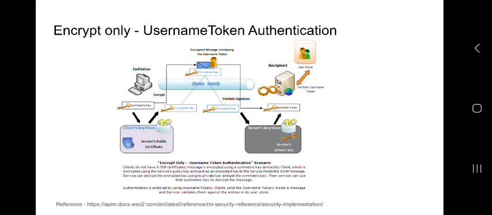And then you validate against the recipient's user store, in this case the service's user store. So these scenarios are encrypt only with username token authentication. So we are getting a little complex, but a lot of security is in place, one inside the other and so forth. All of these security scenarios were specified in the specification to give the best security.